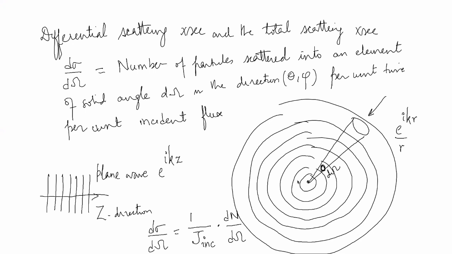For example, if I talk about electron proton scattering, and the electron is coming along this direction, if there is nothing placed before it, then all the time the electron will move along the z direction, and the incident wave will be represented by e to the power ikz. Do you understand this point?